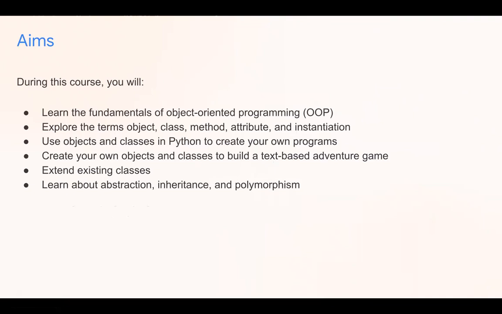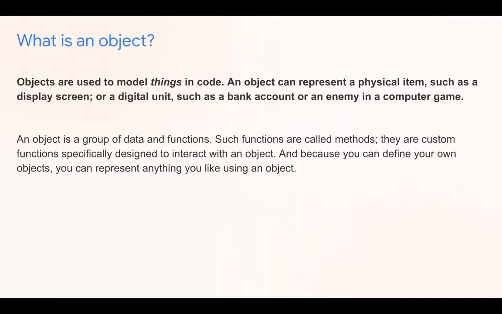We're going to extend existing classes and learn about abstraction, inheritance, and polymorphism. Although it sounds a little bit strange, don't worry, because we will cover them step by step, as we covered some basic data types.